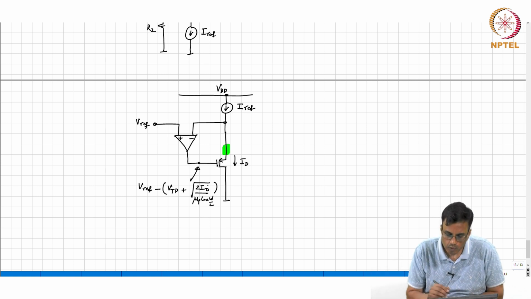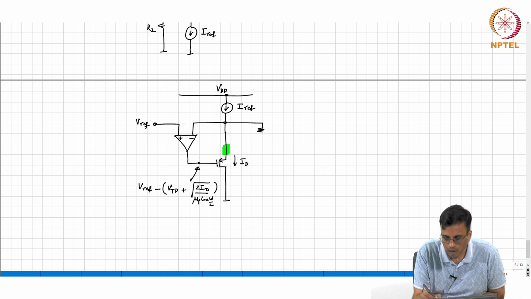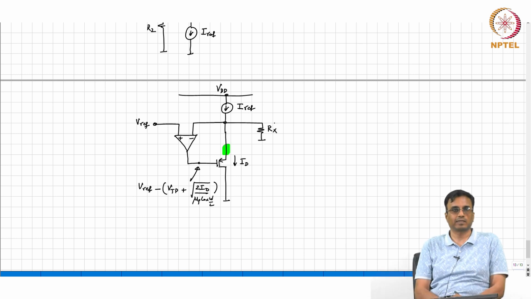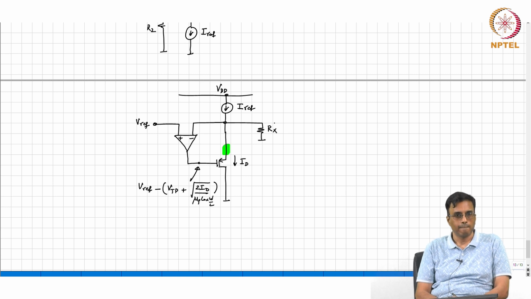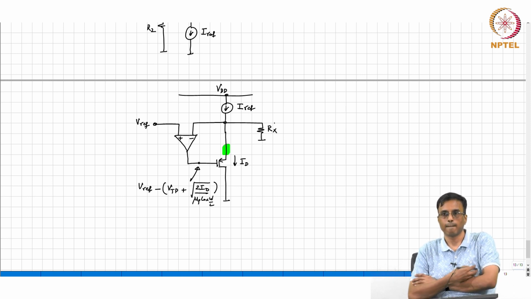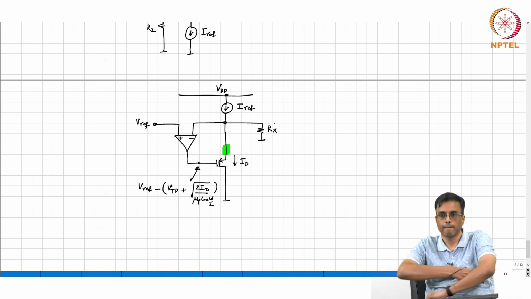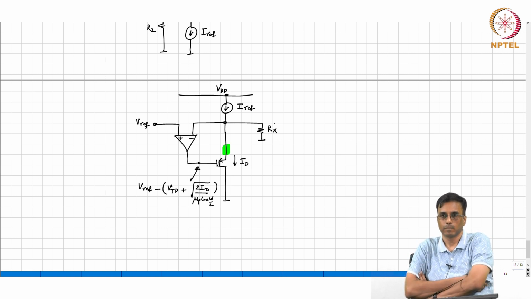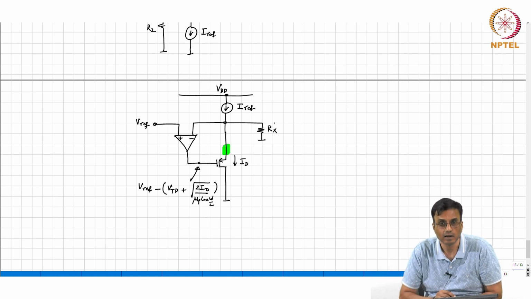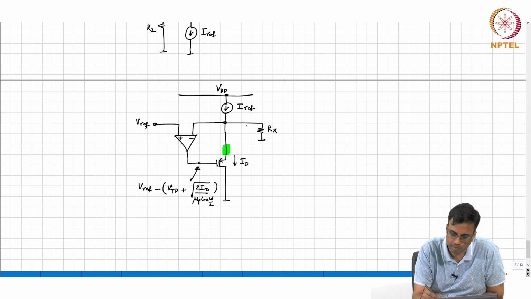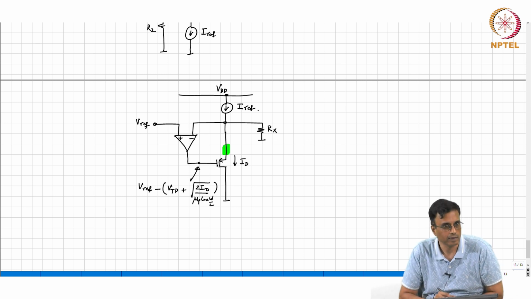Okay. Now, question for you. If I add a resistor there, Rx, what comment can you make about the current to the transistor? What is the current to the transistor? Iref minus? Very good. So, Iref minus Vref by Rx.